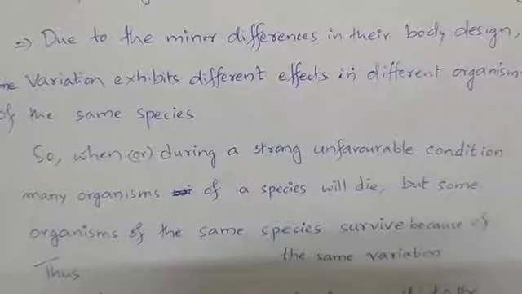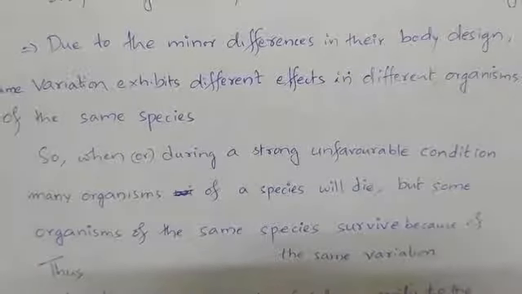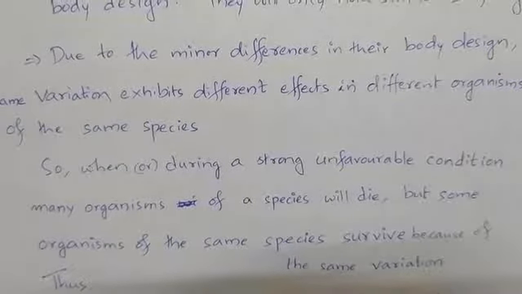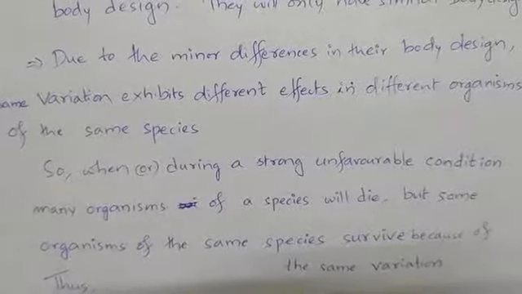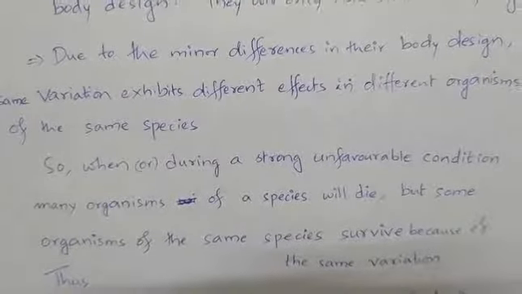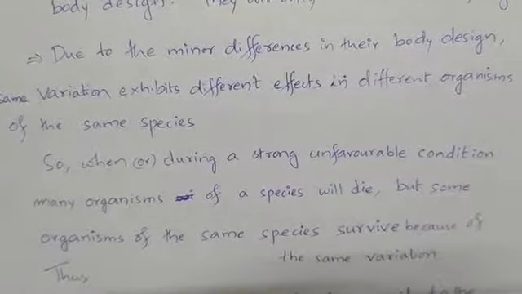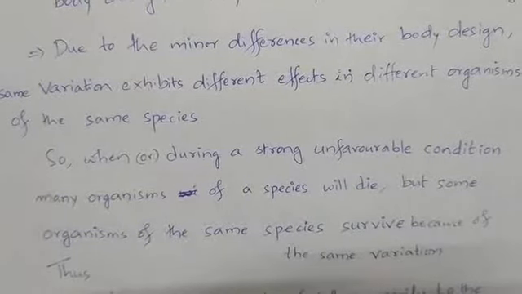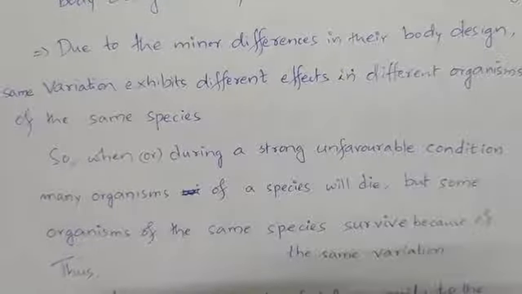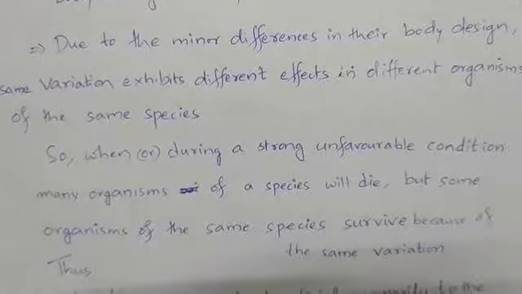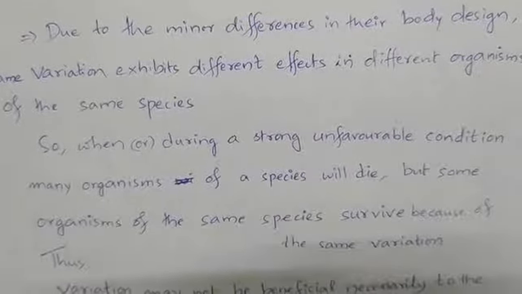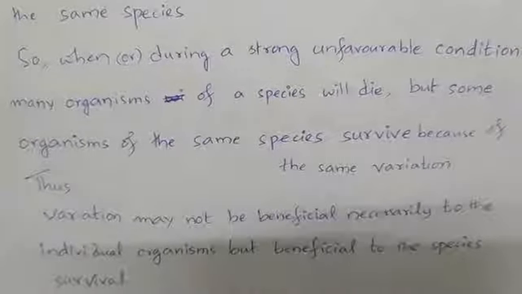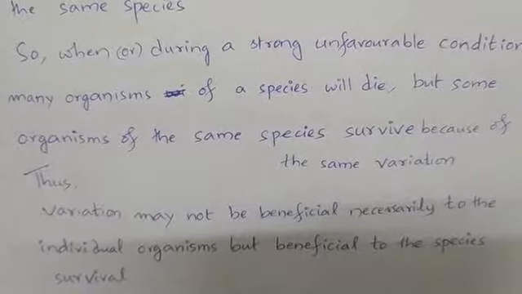In those organisms where the variations exhibit beneficial effects, such organisms can survive even in unfavorable conditions that arise in their environment. In other organisms, as the variations may not exhibit the same beneficial effects, those organisms may die in unfavorable conditions, such that variation may not be beneficial necessarily to the individual organisms, but beneficial to the species survival.